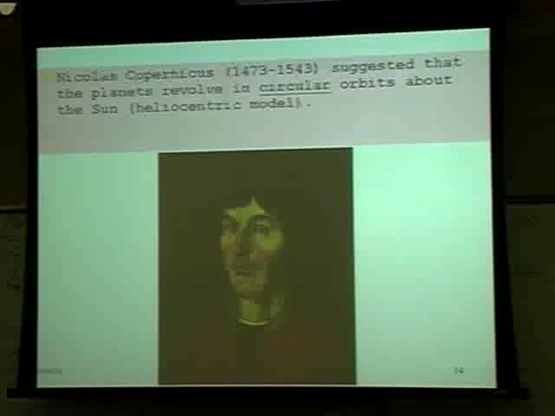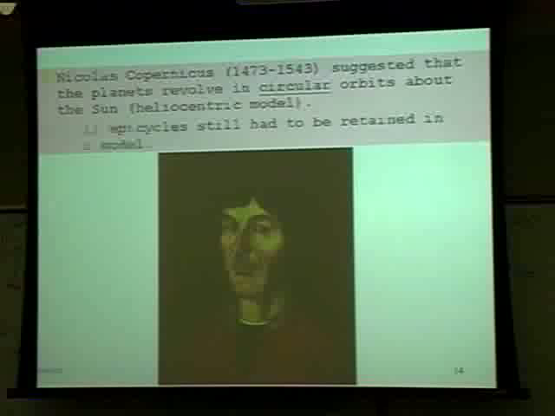He suggested that the Earth was just another planet, and along with the other planets, we went around the sun. And using this model, he could explain those epicycles in a much easier way. But even with his model, going in circles around the sun, he had to retain at least a little small epicycle for every planet.